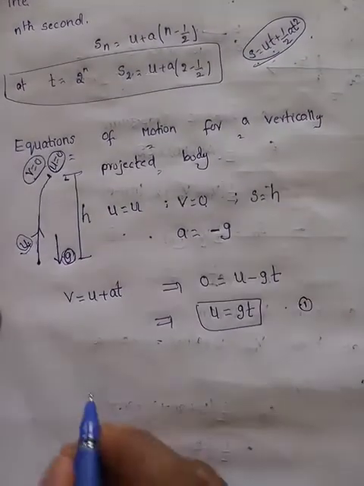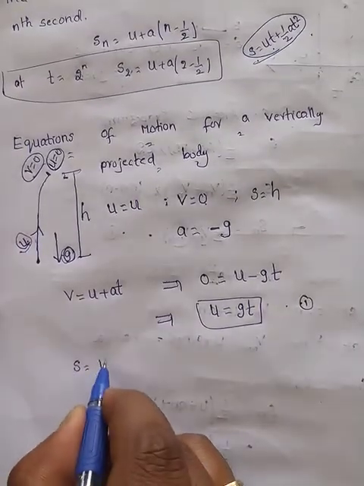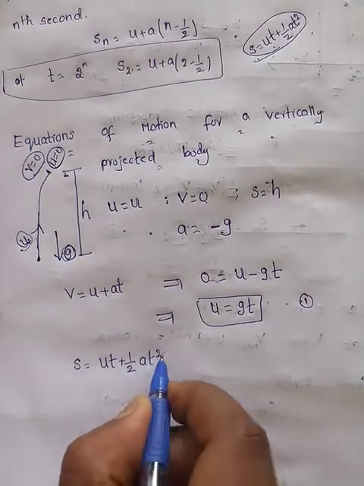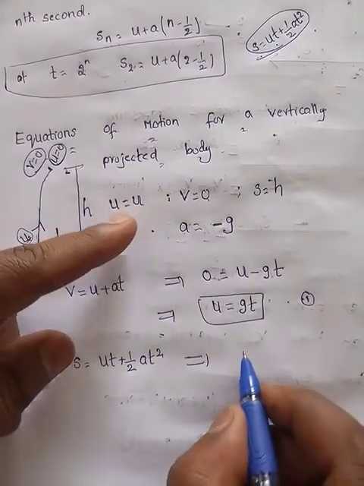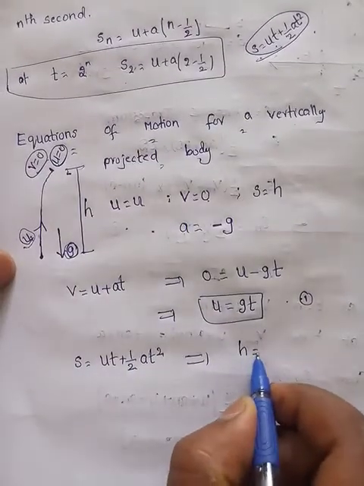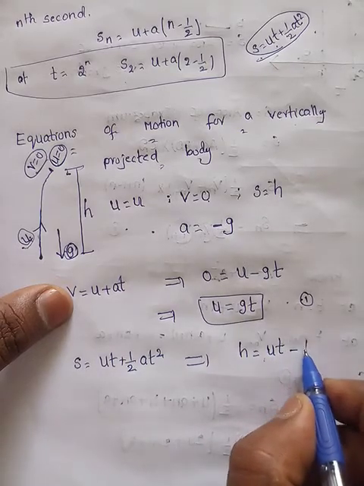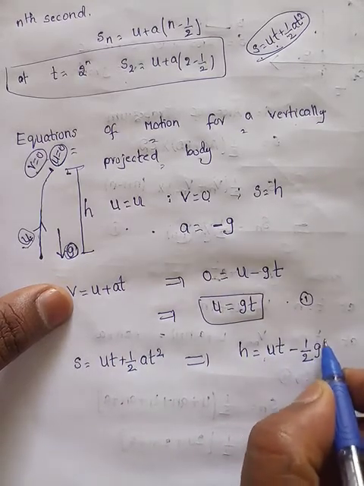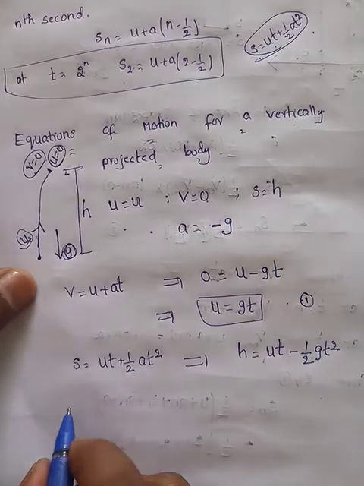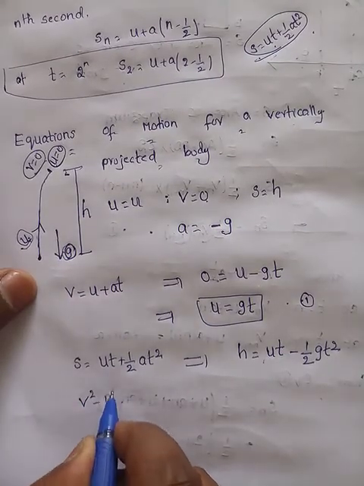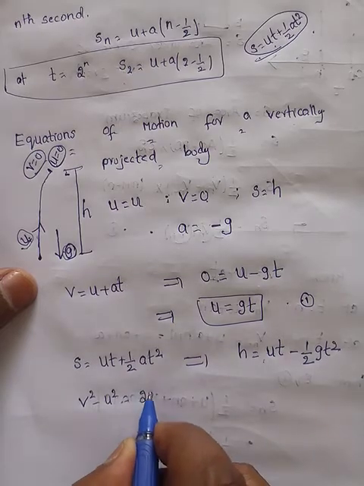Next, the second equation, s = ut + ½at². You only apply, dear students. What is s? h. u is u, t is t, and a is −g: h = ut − ½gt². And the last equation, v² − u² = 2as.